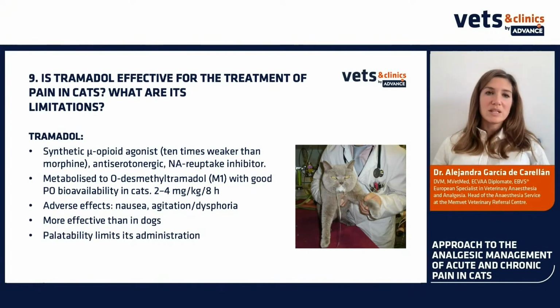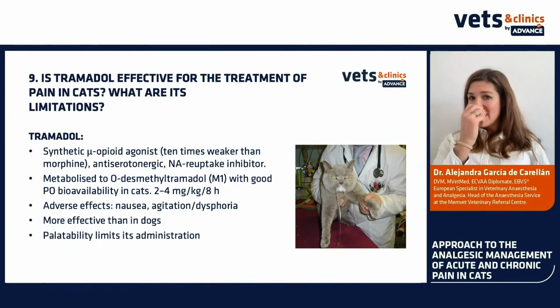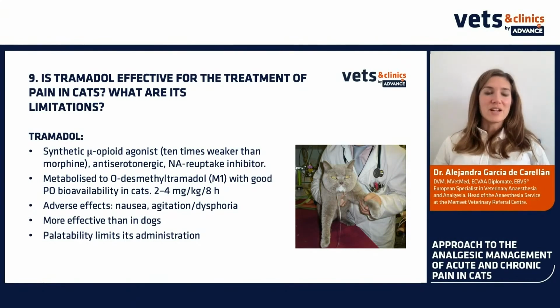The most important metabolite of Tramadol, once you give it orally, is the metabolite M1, which is O-desmethyltramadol, and in cats has good bioavailability after oral administration. The dose of Tramadol to get a reasonable amount of the M1 metabolite is 2 to 4 milligrams per kilogram every 8 hours.